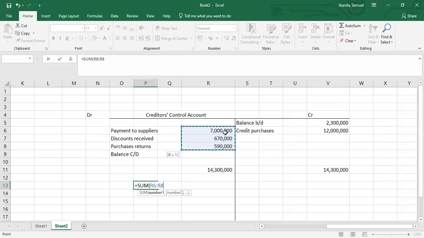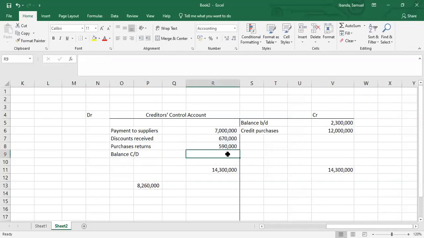This is about 8.26. So the difference between this and this is about 6,640,000. Okay, so that is what I basically have in my accounts.